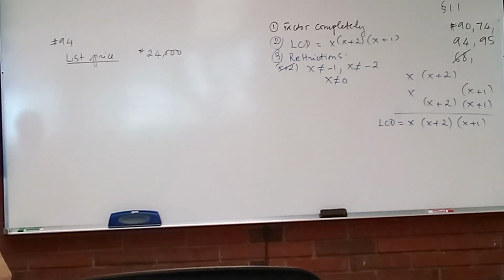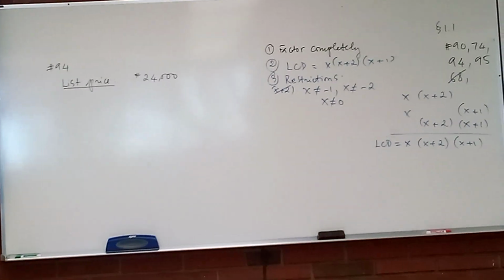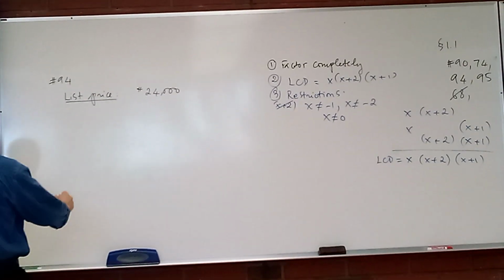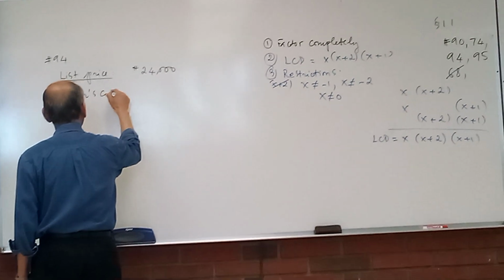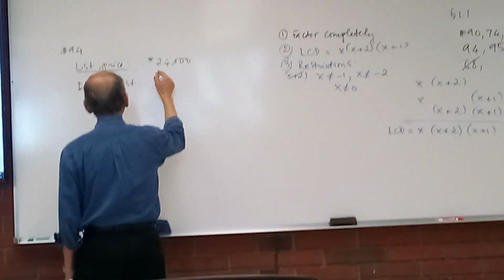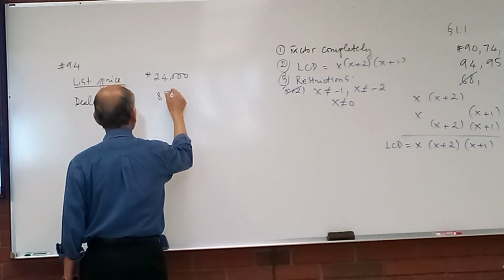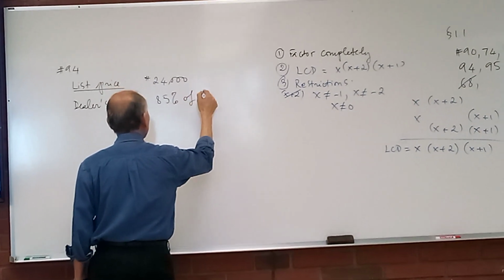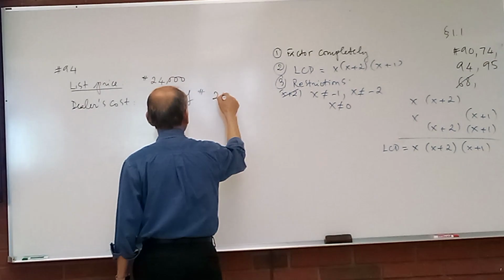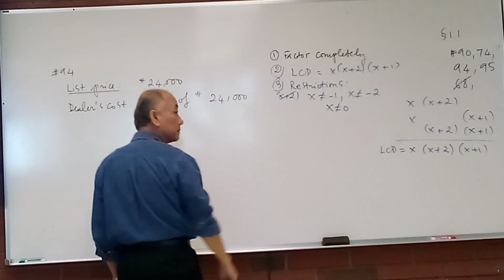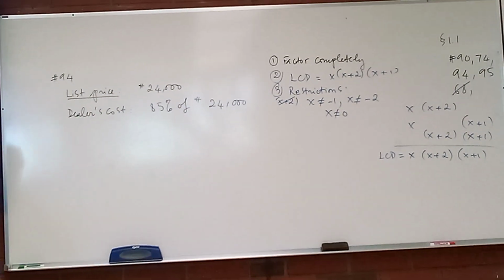The dealer cost is 85% of the list. So this is the dealer cost: 85% of the list. The list will be this 24,000.